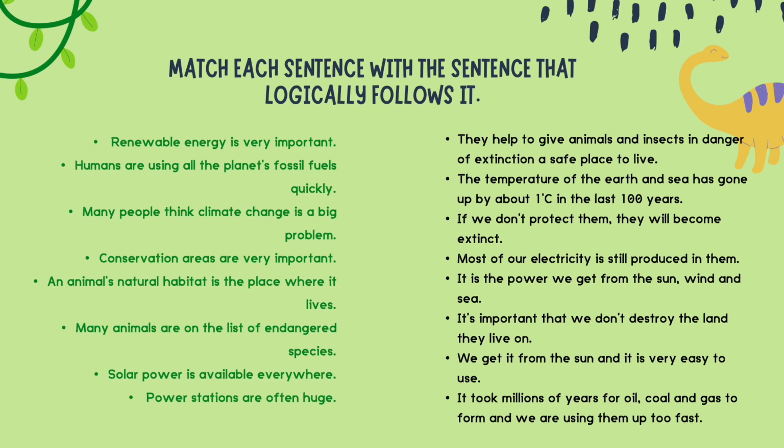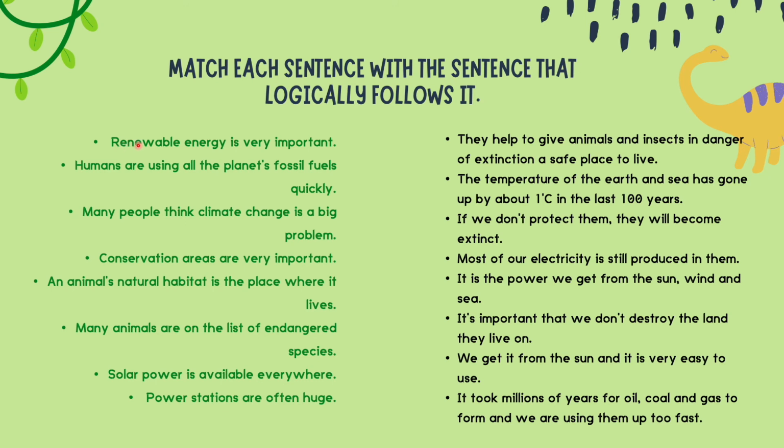Now we are going to look at the exercise. Okay, the exercise for this vocabulary part. We have 8 sentences here. Renewable energy is very important. Okay, and then based on this sentence, you just need to match the sentence that is related to it. As an example, let's take a look at the first sentence.